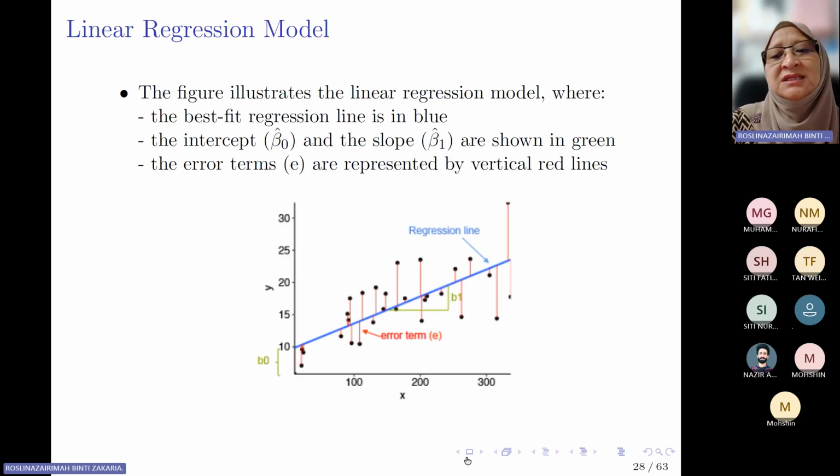Okay, so this is the illustration. The black dots are the observed data. The blue one is the mathematical equation that relates this data. The regression line is simply the mathematical expression or the statistical model, so that is why it is very smooth. If it is observed, of course there is a gap in between.